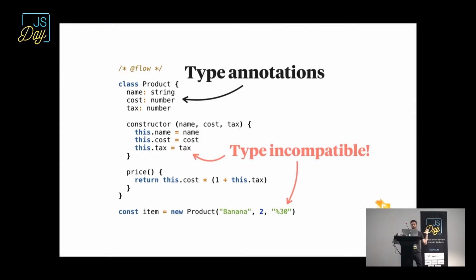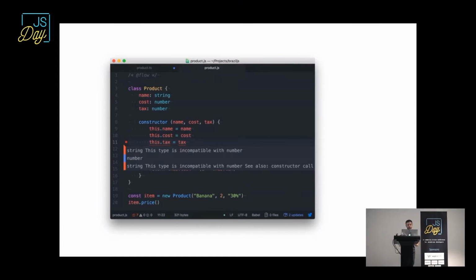And if you write something like this, the Flow analyzer will tell you that it's not right because there's a type incompatibility. So very straightforward. And if you are using something like Atom or another modern editor, you see it in many different ways, and it's easy to understand what is wrong with the code you are writing. You see that it's an error like this.